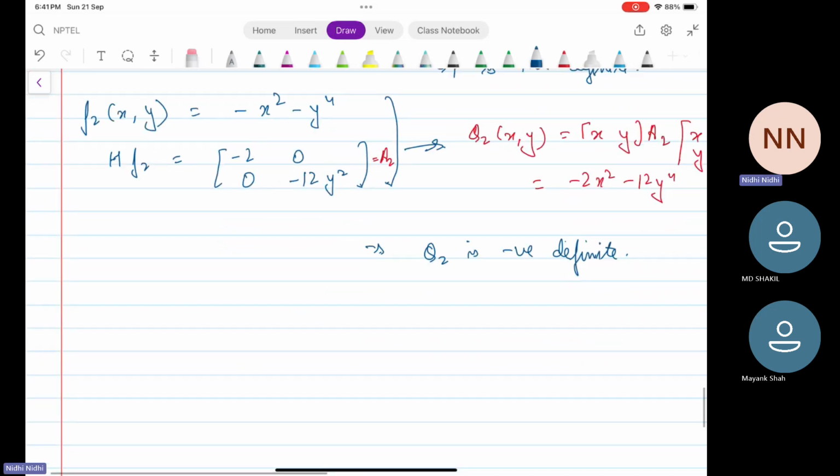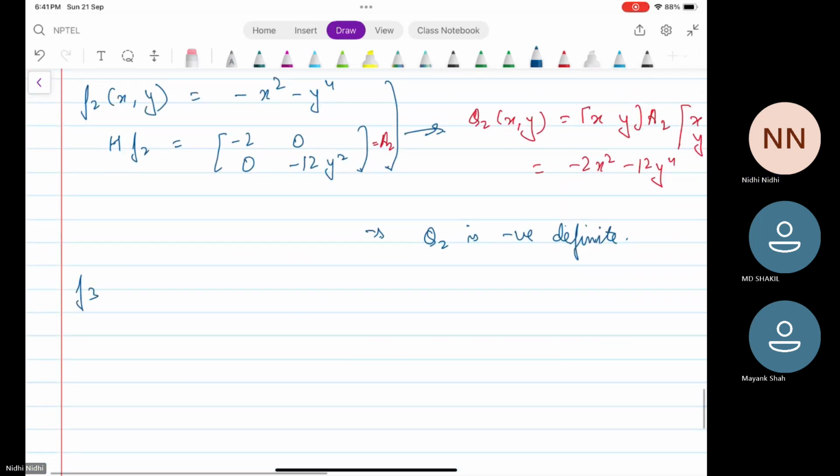For the case of function f3, this is x square plus y cube. In this case, your Hessian will be a bit different: 2, 0, 0, 6y.